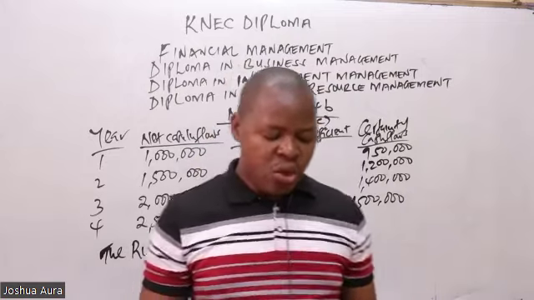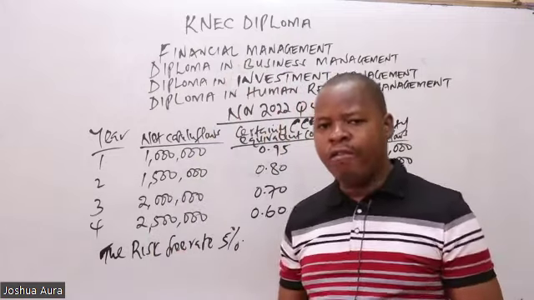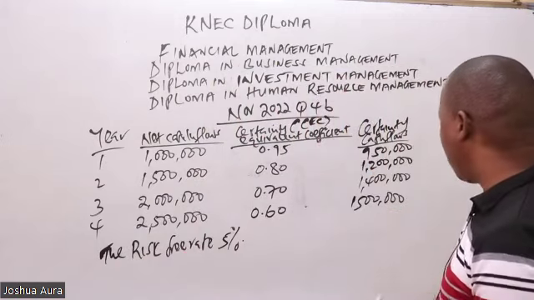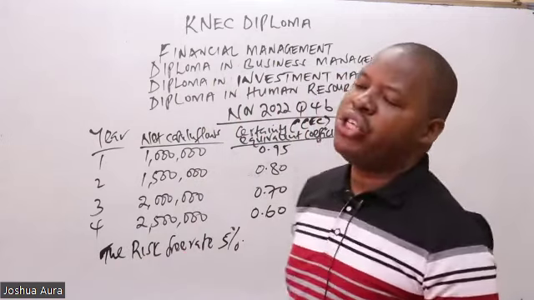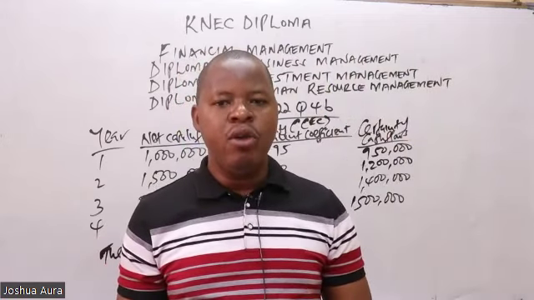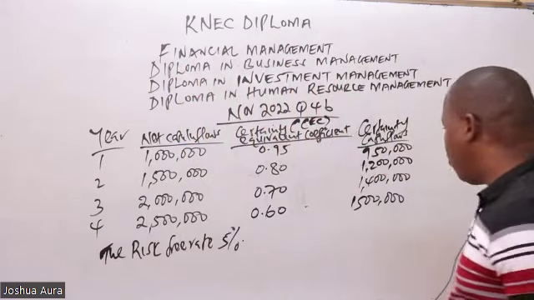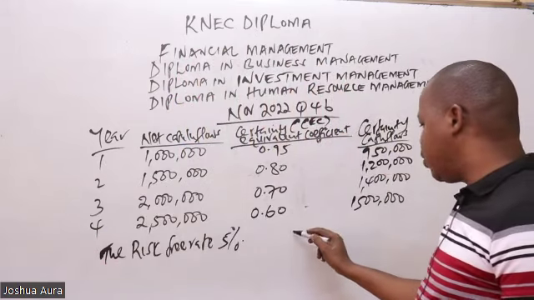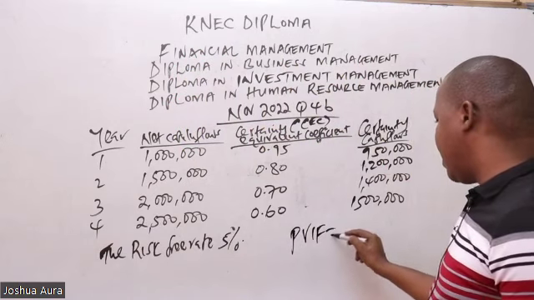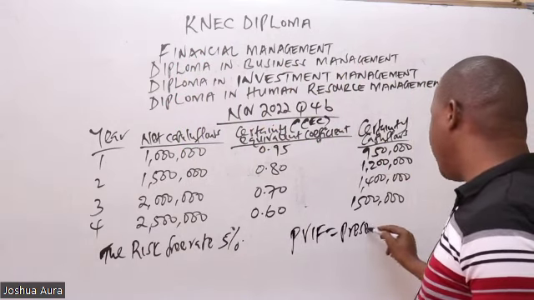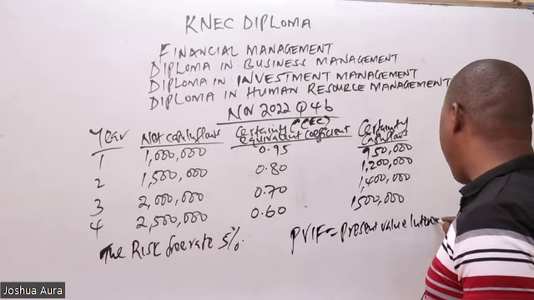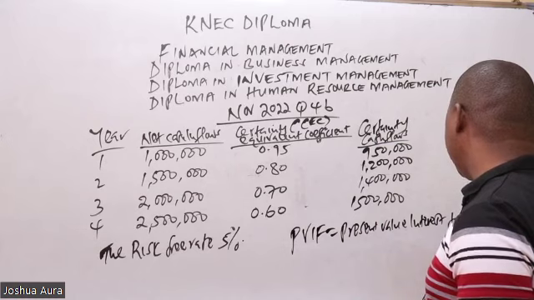So which method of discounting are we going to use here? The method we are going to use is called PVIF, present value interest factor.